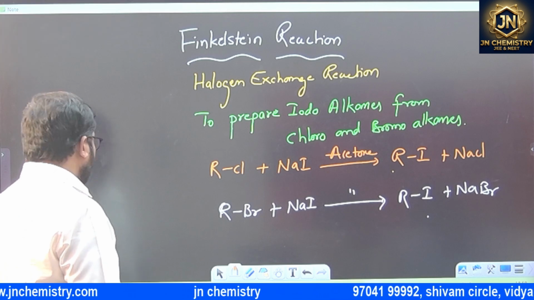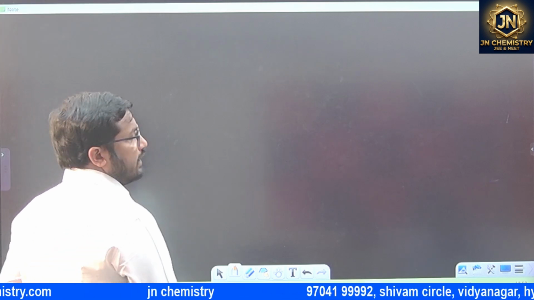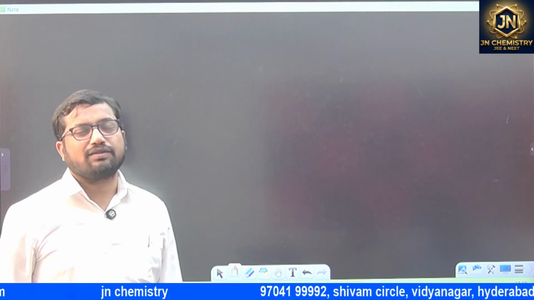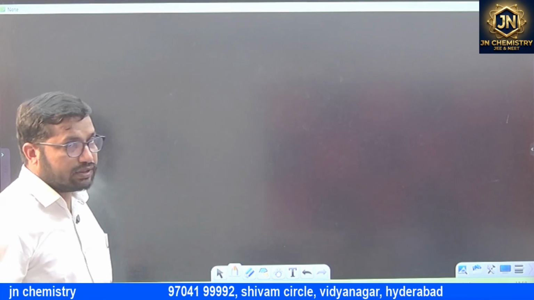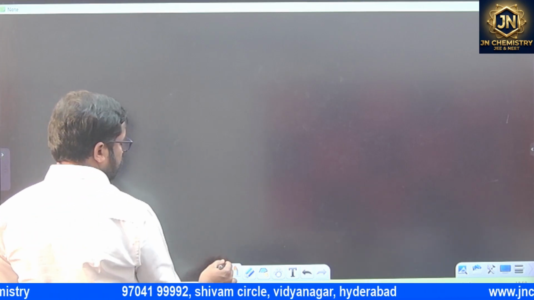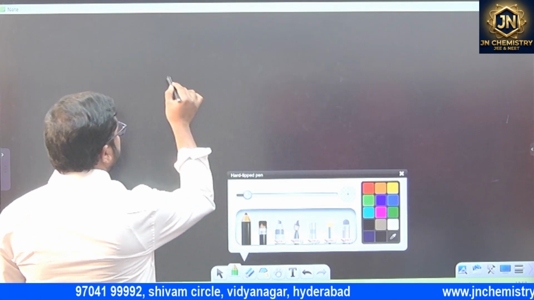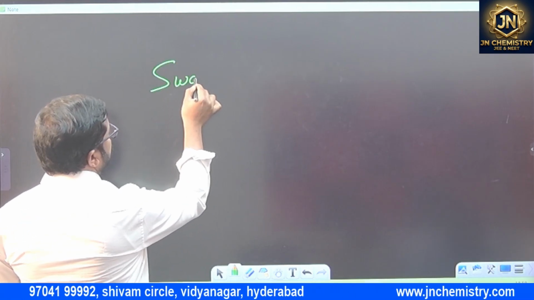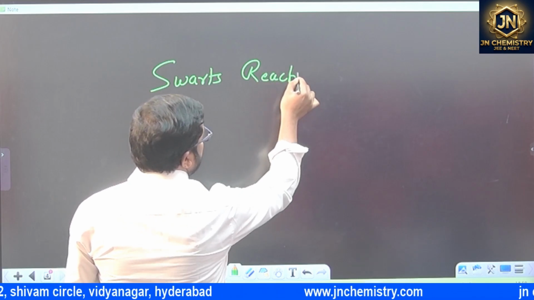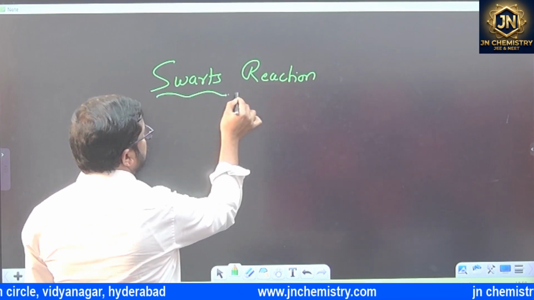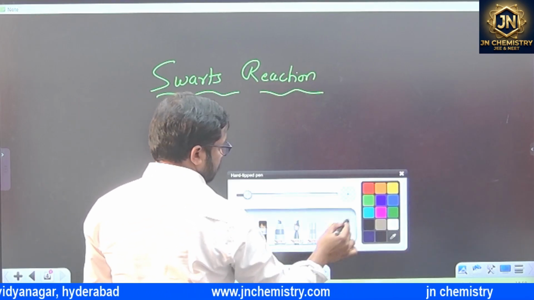Next now. Fluoroalkanes we can also prepare, but not directly, because fluorination is highly explosive in nature. So that's the reason we use which reaction? The Swarts reaction.